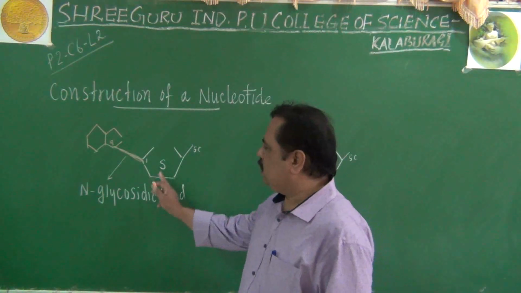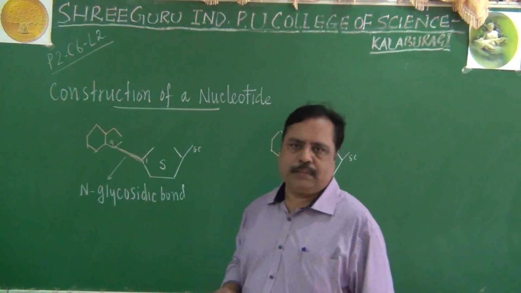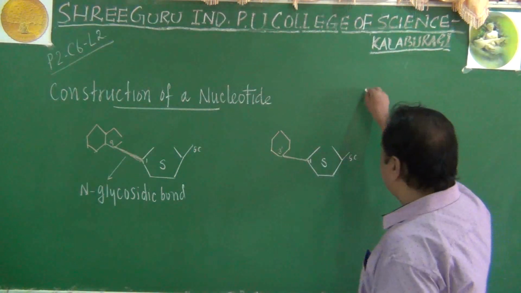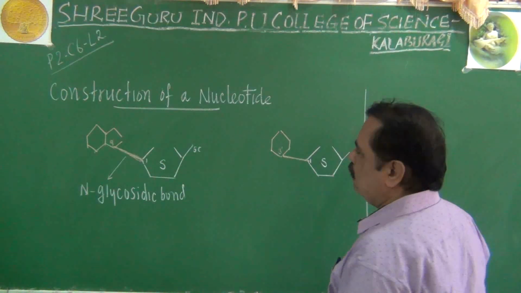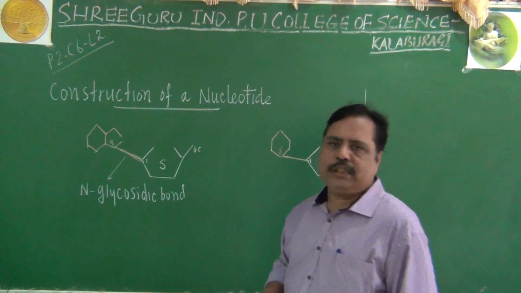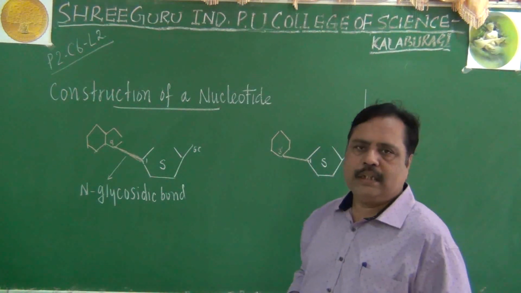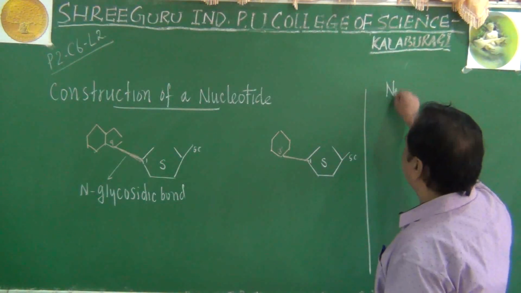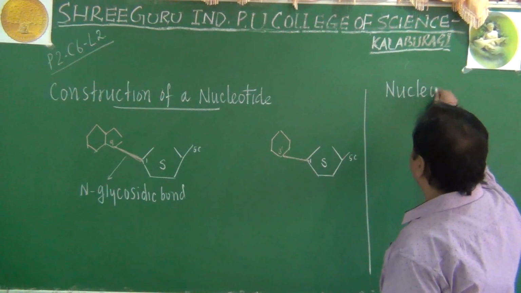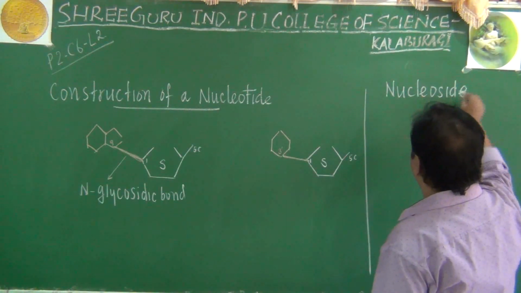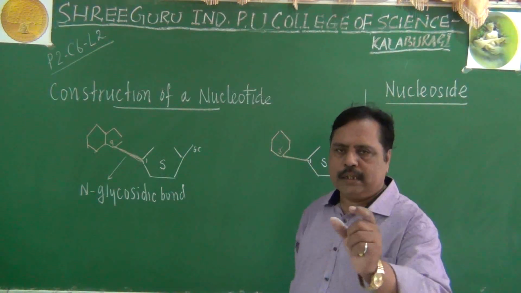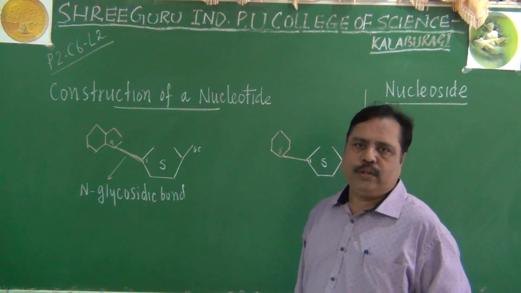Okay. So there is a sugar, there is a nitrogenous base. This component, the combination of sugar and nitrogenous base, is called a nucleoside. Remember this new word I am introducing here. Nucleoside we have to learn here. It is not a nucleotide, it is not yet the completed structure of a nucleotide.